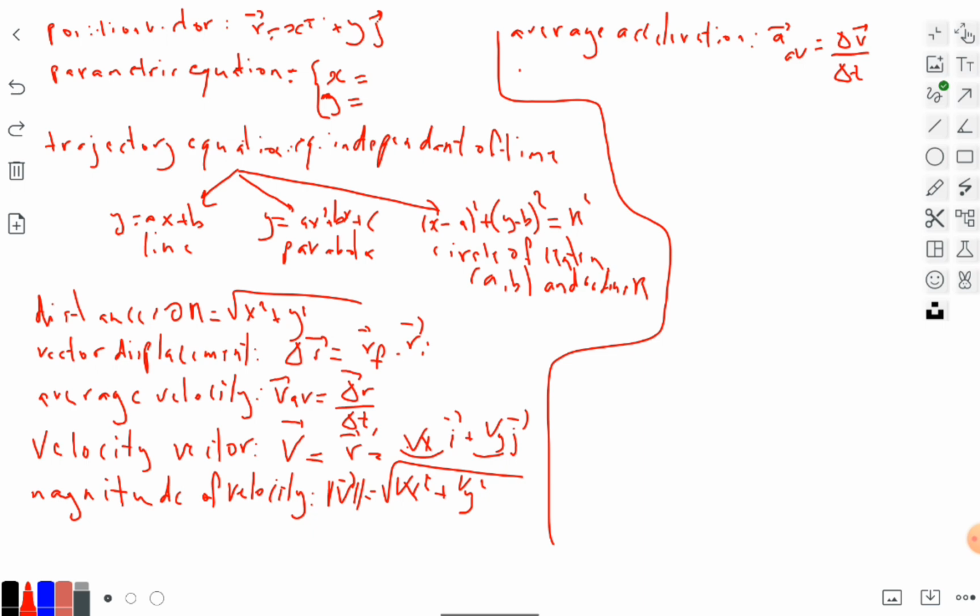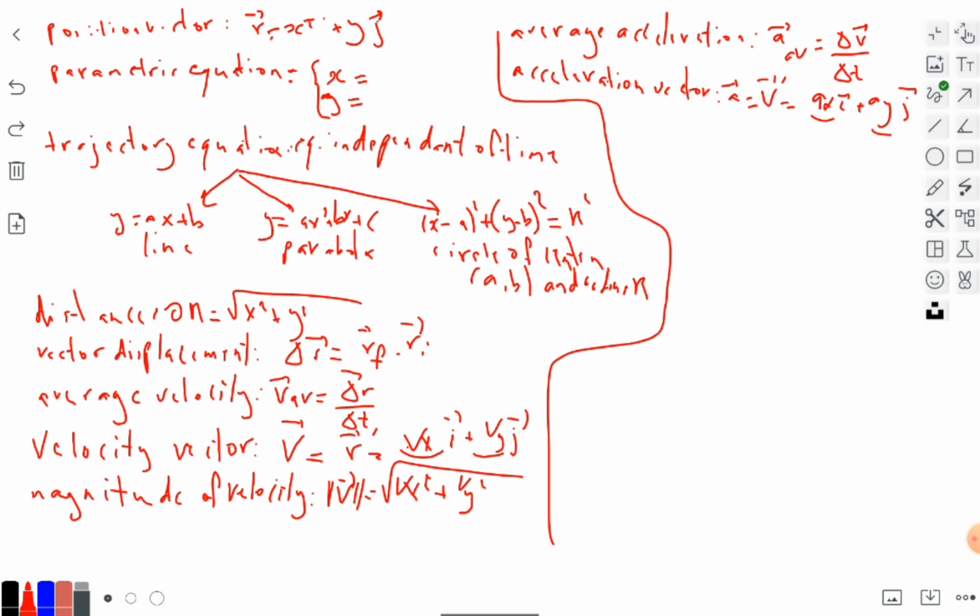Acceleration vector, a vector equal v prime, the derivative of v, is equal to ax i plus ay j. ax is the derivative of vx and ay is the derivative of vy.